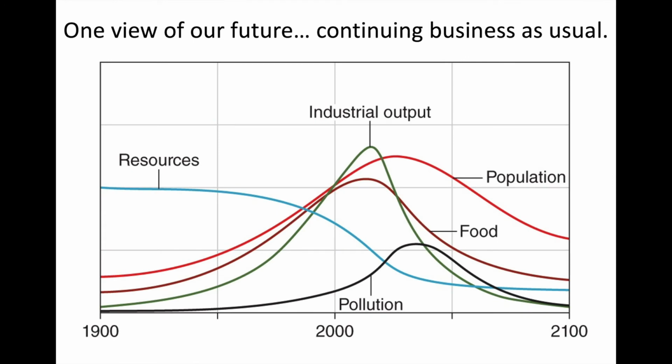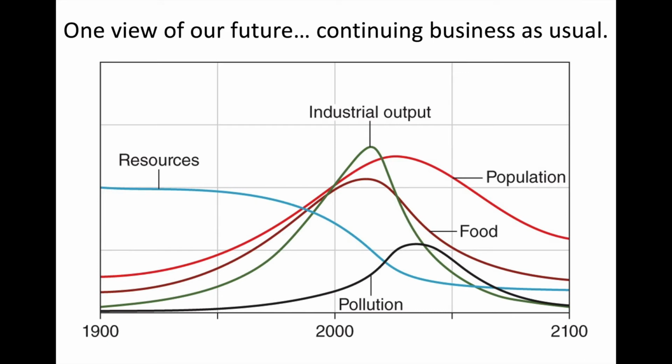The idea that resources might eventually limit human population is seen in projections like this one, which shows a scenario in which the world continues to use the same policies it did in the 20th century. In this scenario, the resources needed to support society are declining or being used up.